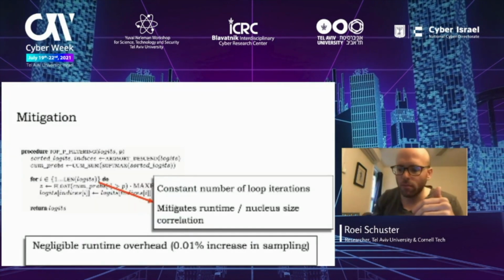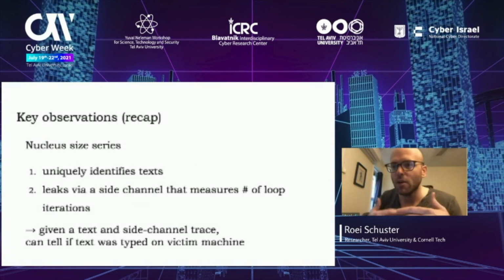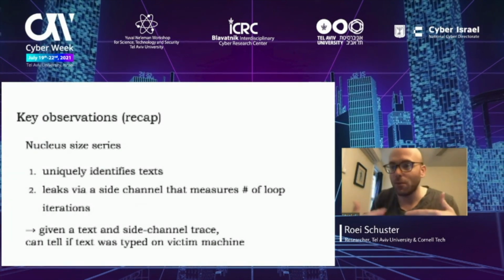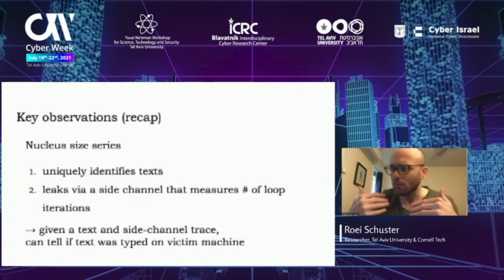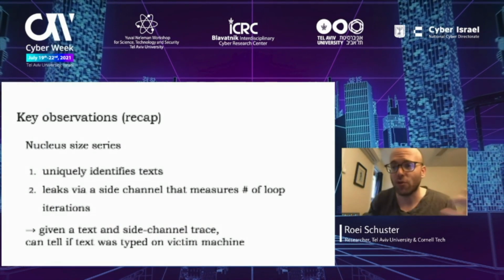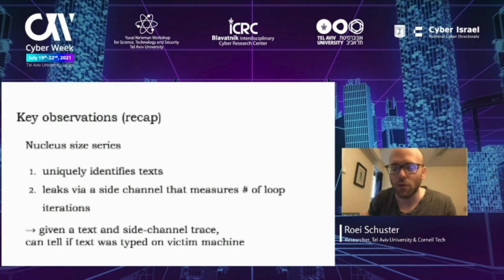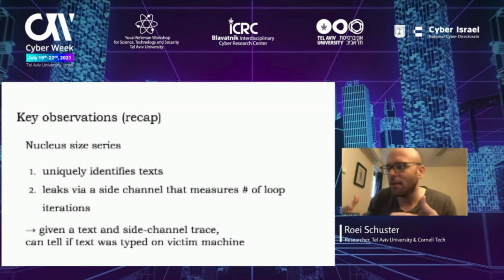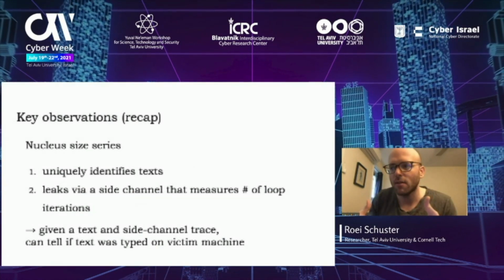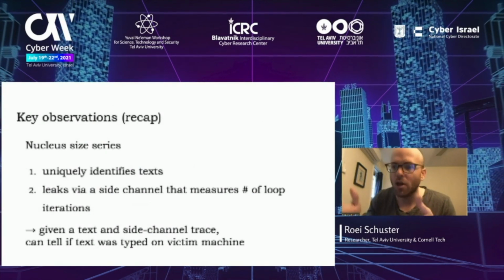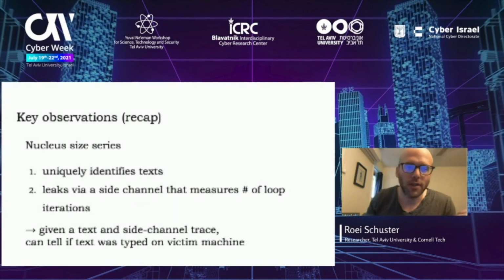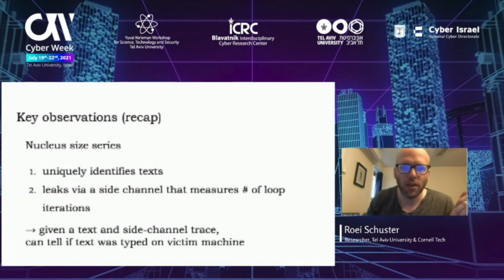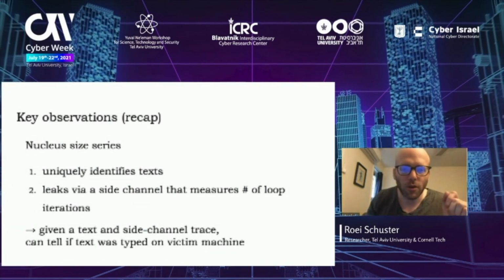So the takeaway here is that due to some implementation detail that is very natural to have when you implement nucleus sampling, the identity of your text basically leaks, or could leak, to third parties who are unauthorized to view it.